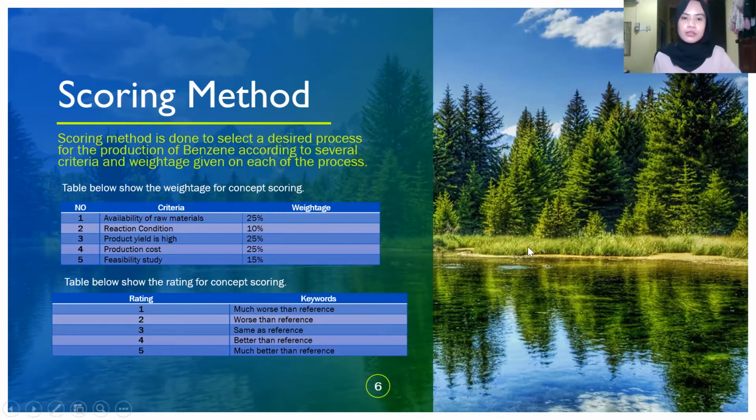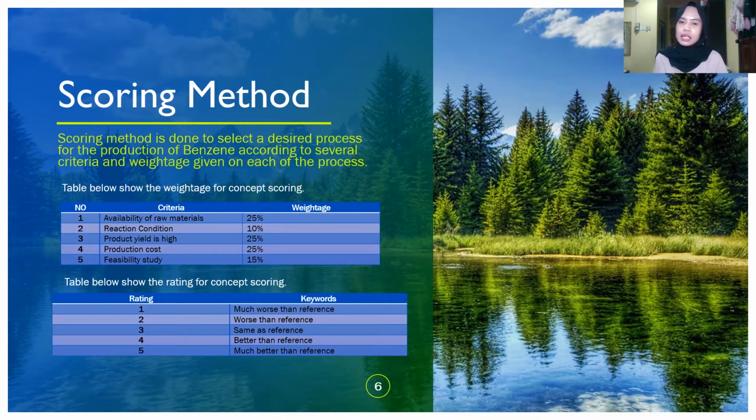The scoring method is done to select a desired process for the production of benzene according to several criteria and the weightage given to each. The table here shows the weightage for concept scoring: for the availability of raw material, the weightage is 25%. For reaction condition, product yield is high, and production cost, the weightage is 10%, 25%, and 25% for production cost.